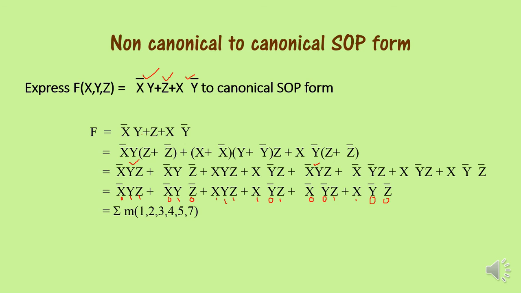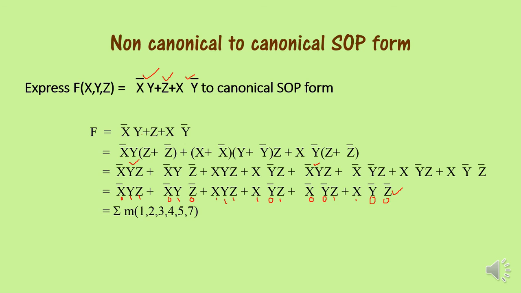So the summation of minterms is m3, 2, 7, 5, 1, 4. So we can write here summation of m equal to m in brackets 1, 2, 3, 4, 5, 7. So this is the canonical SOP form.